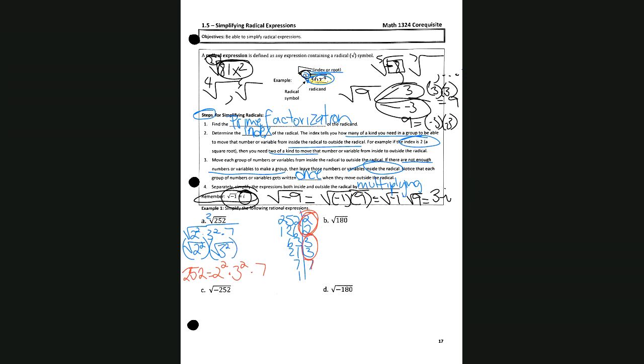Then we will have the square root of 7. Those two expressions are equal. And now what I'm going to do is simplify by taking the square root of a square. Those two are inverse operations, so we could say they cancel each other out.